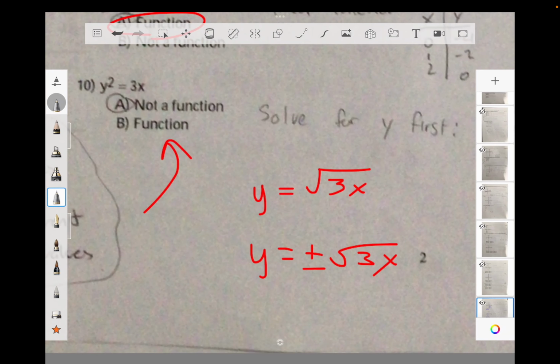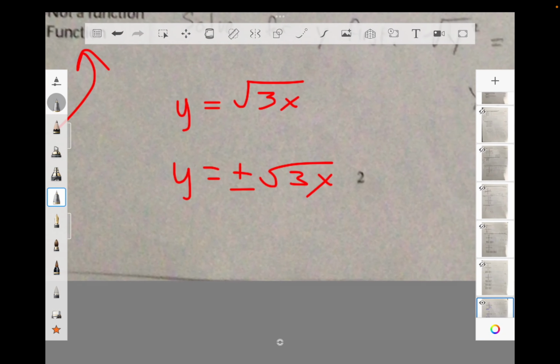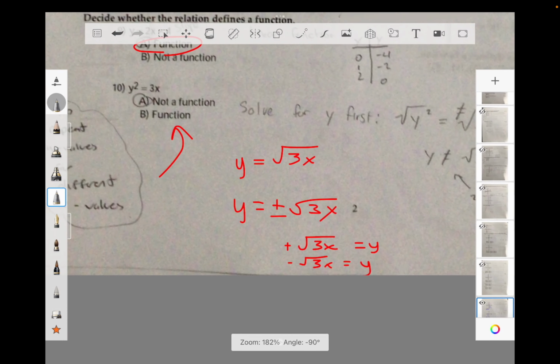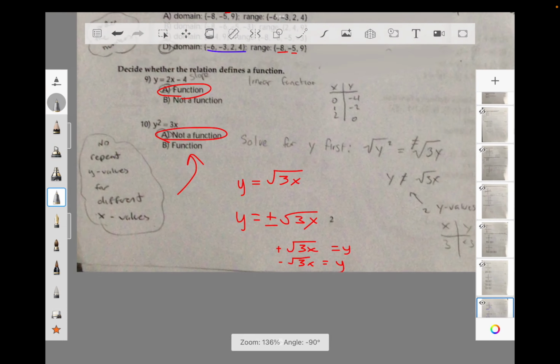So that means at positive 3x, you get this y value, and at negative 3x, you also get the same y value. There's a repeat, and you can't have a repeat. Therefore, this is not a function.